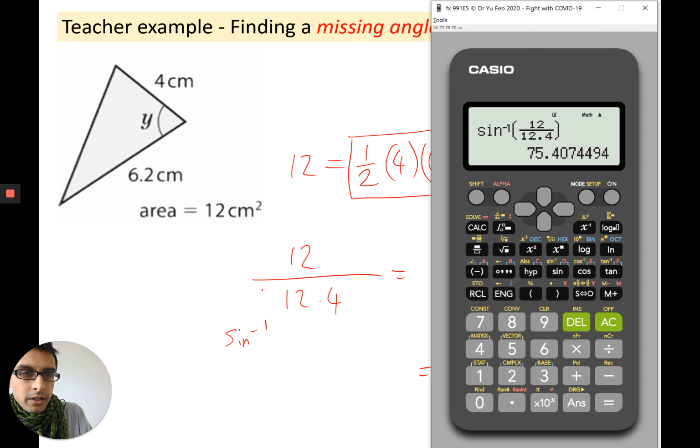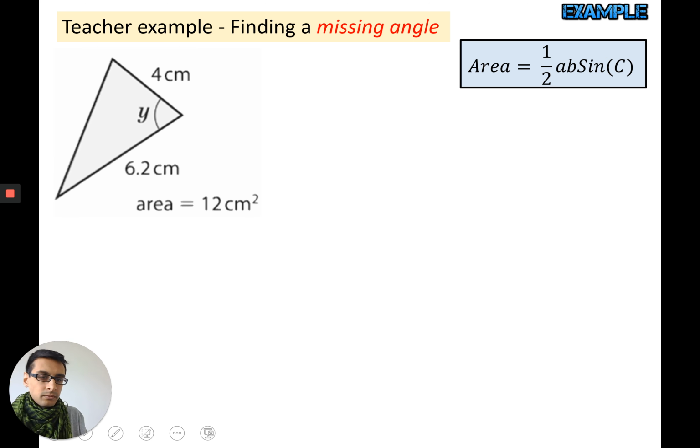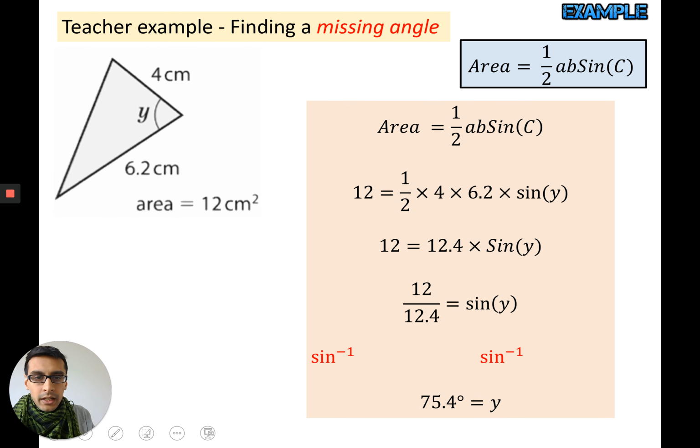And you should now get 75.4. This is a missing angle, so one decimal place is sensible. 75.4 degrees. That's the working out. I've just typed that up in case you want to have a look at that.